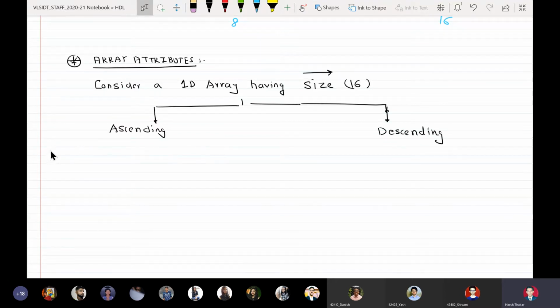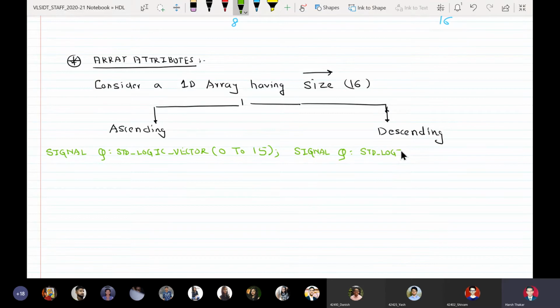So this ascending array, as we told, we can create as signal q : std_logic_vector 0 to 15; and here I have to define the descending array as signal q : std_logic_vector 15 down to 0.